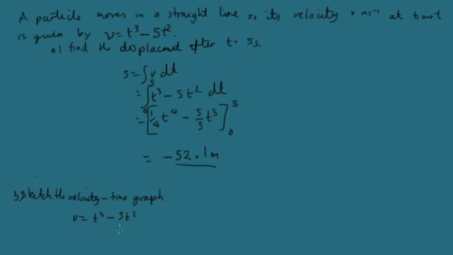What we're going to do, to get a handle on the shape of this curve, is factorise it. So we're going to take t squared out, and then we'll have t minus 5. So we know at t equals 0 and t equals 5, v equals 0.